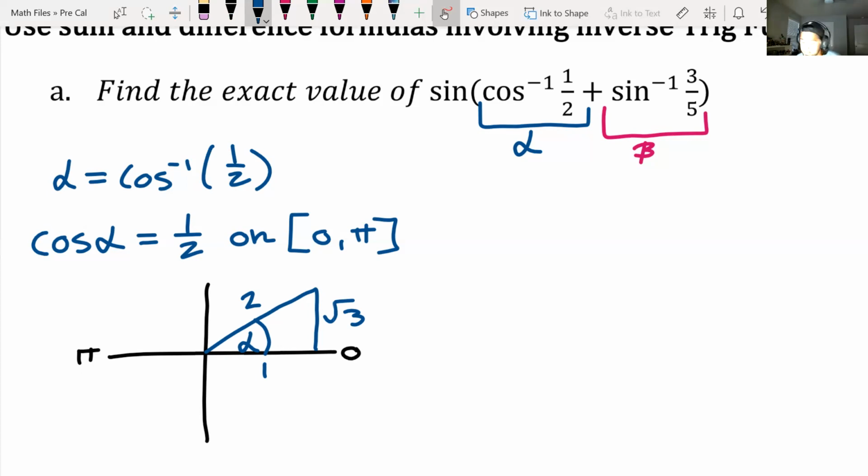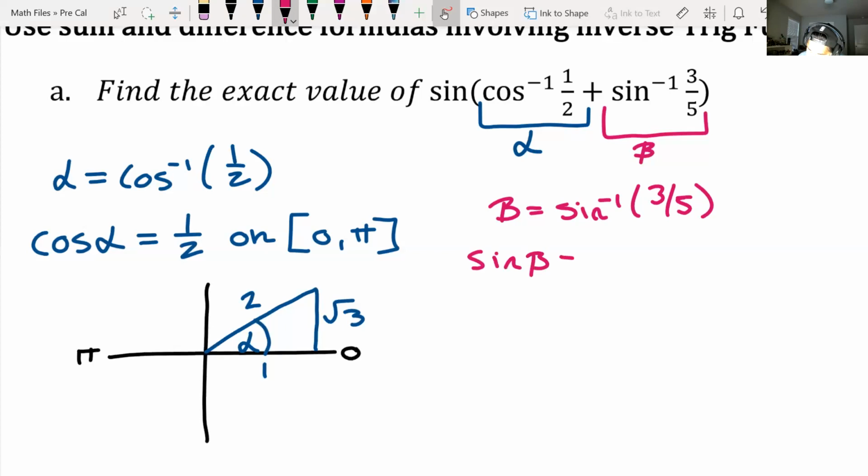Now let's do the same for beta. Beta equals the inverse sine of 3/5. Apply the inverse to both sides. And sine beta equals 3/5 on what interval? Negative pi over 2 to pi over 2. Good.